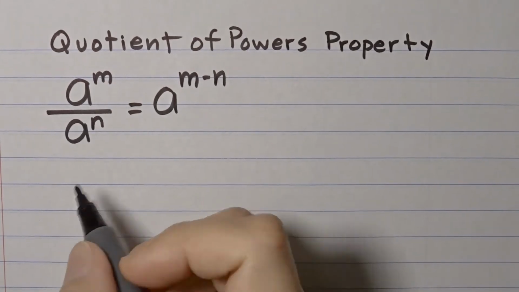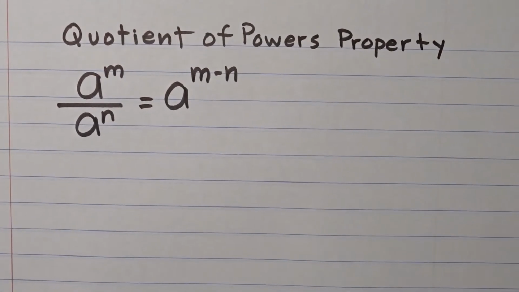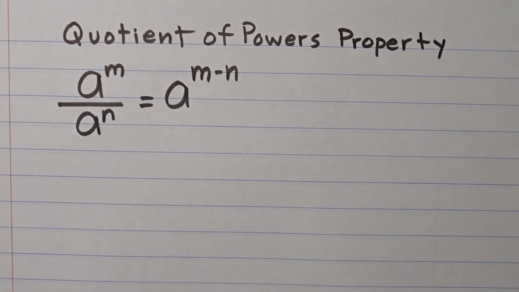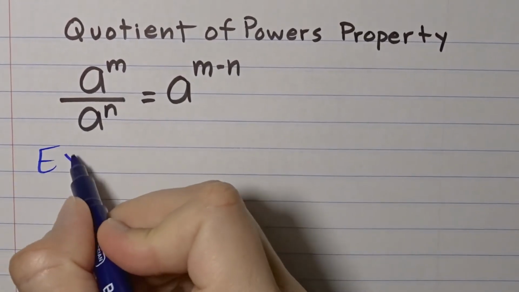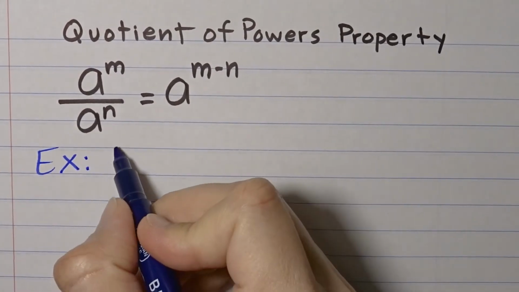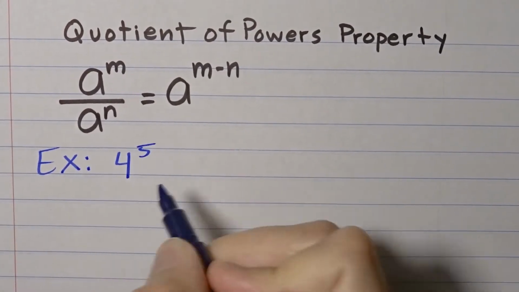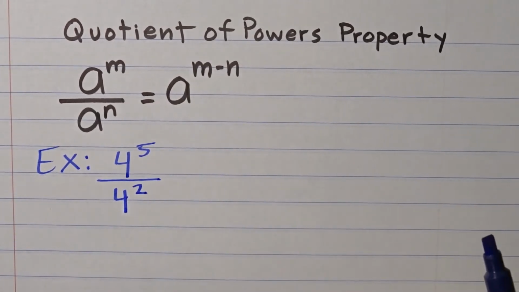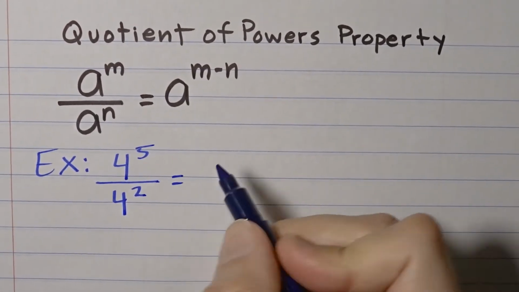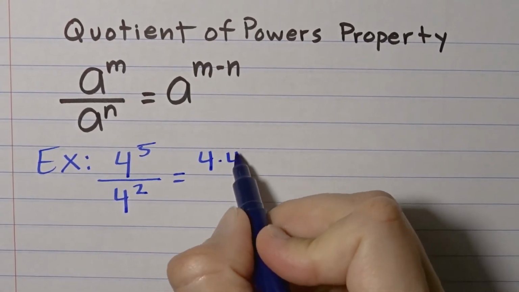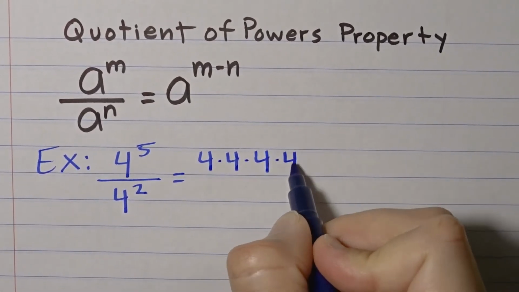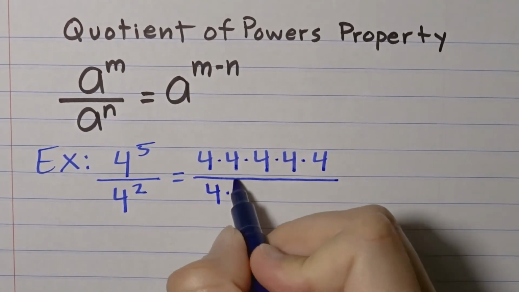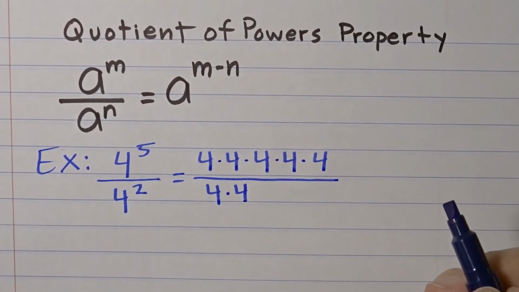And if I give you an example of what that looks like with a real number, say you have 4 to the 5th power divided by 4 to the 2nd power. So what that means is you have 4 multiplied with itself 5 times, all divided by 4 multiplied by itself 2 times.